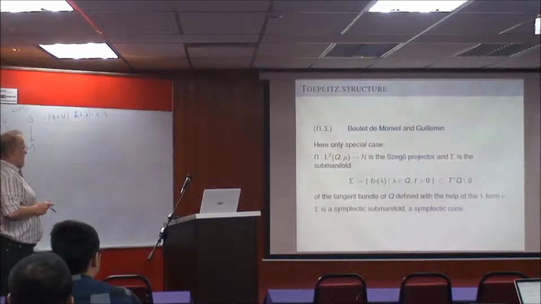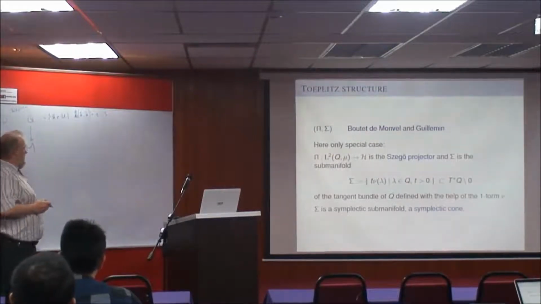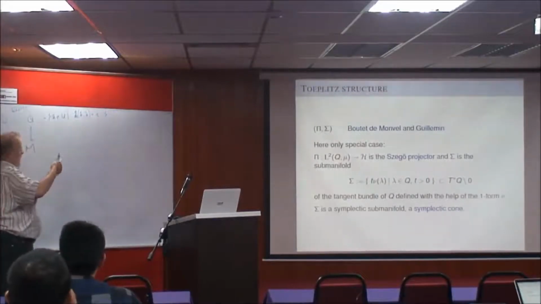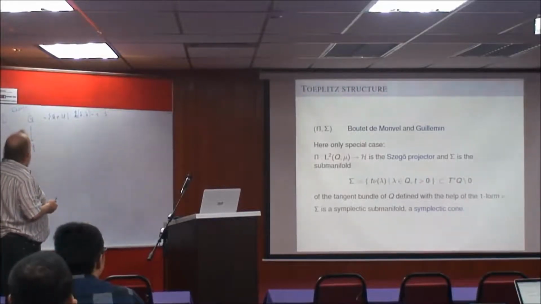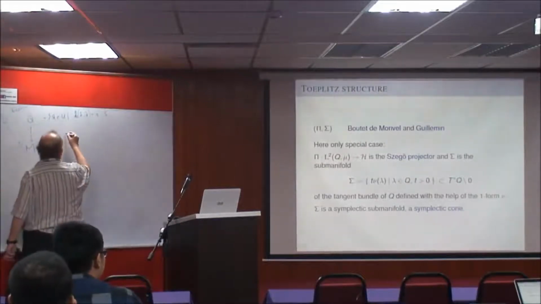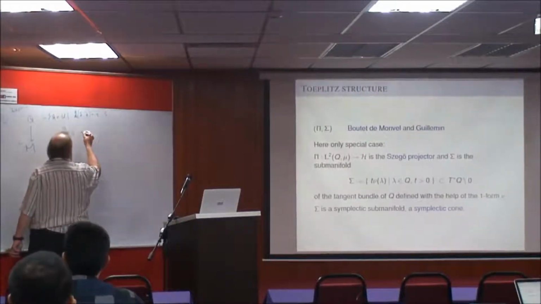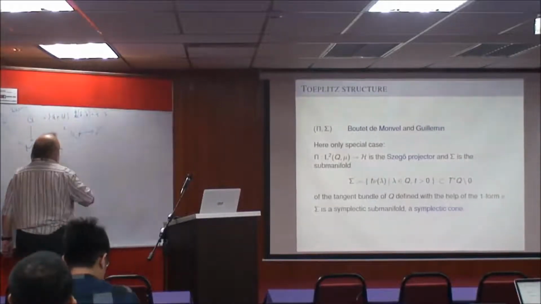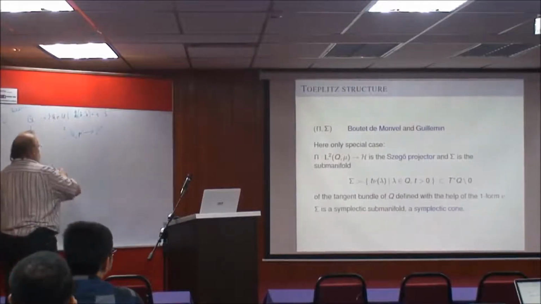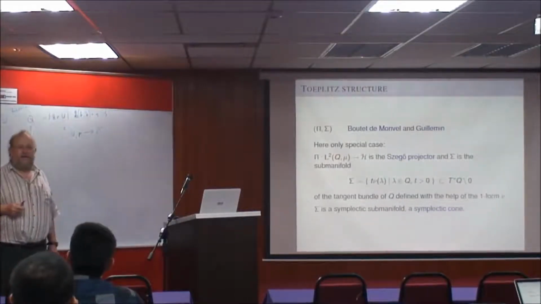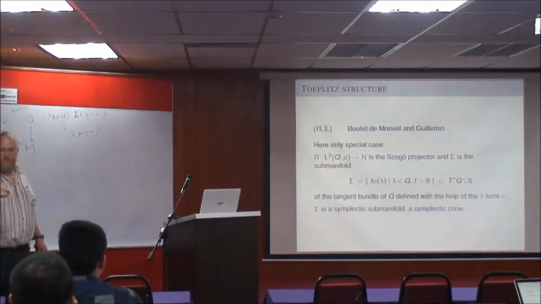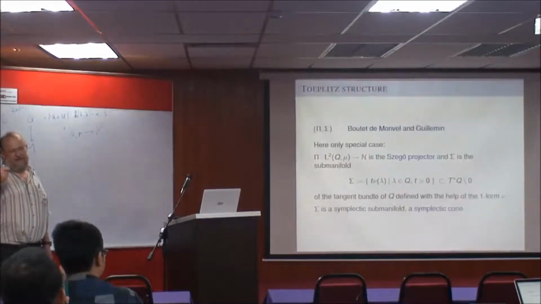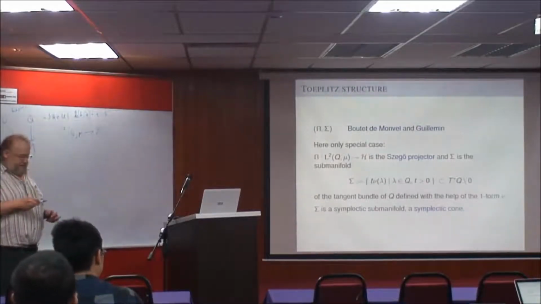The main object was now the Szegő projector, which gives a projection down to the L2 space on Q with respect to this measure mu, onto this generalized Hardy space H. These are those holomorphic functions on Q which we can extend holomorphically to the interior.